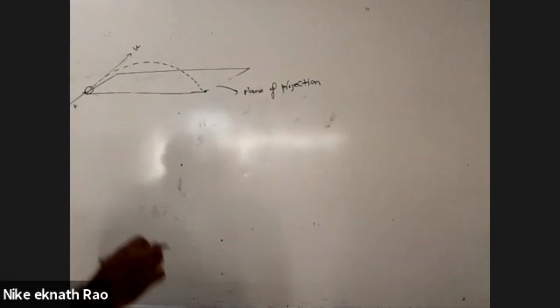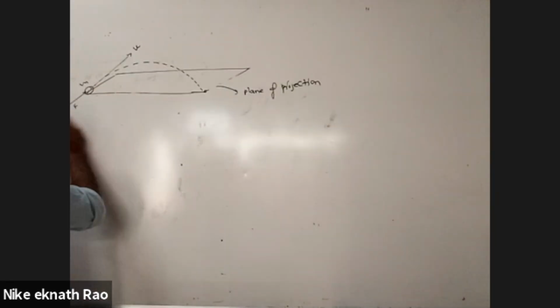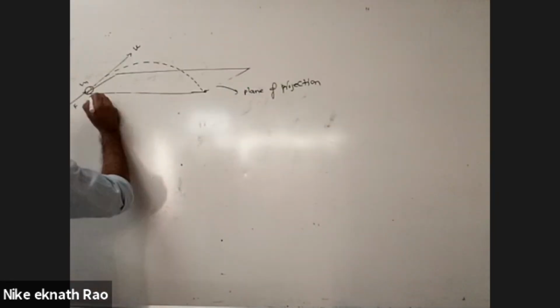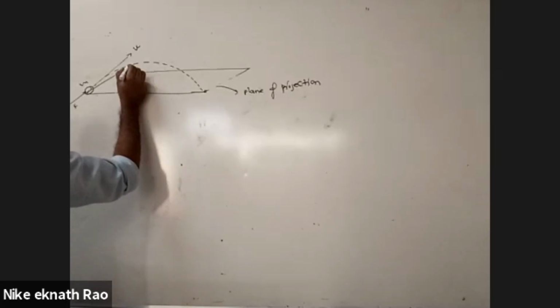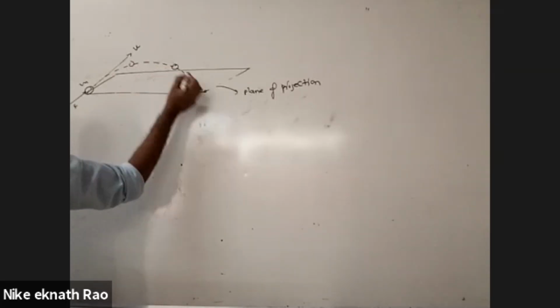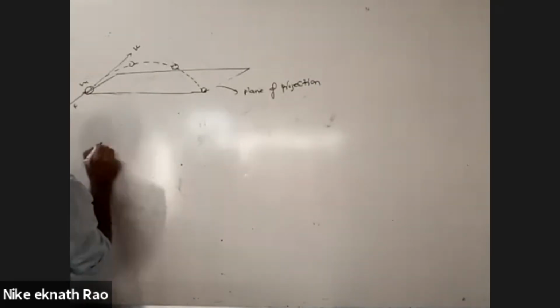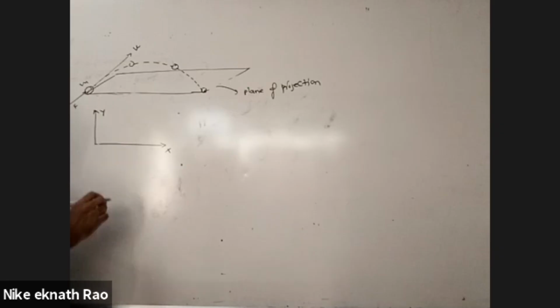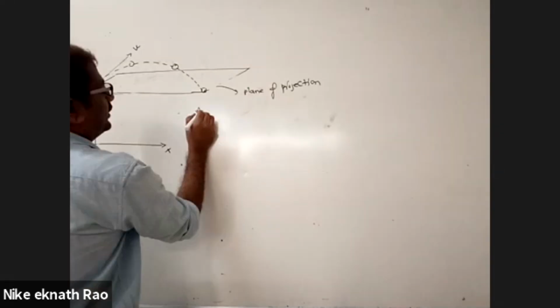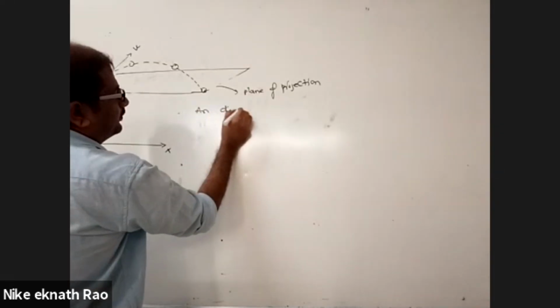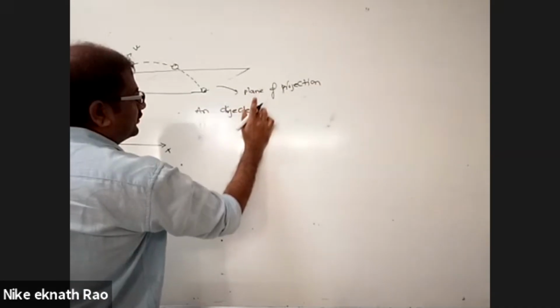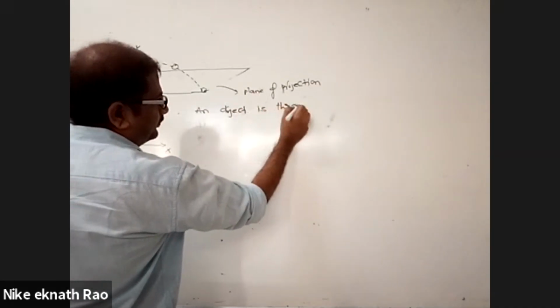Let's see the question first of all. A particle or a ball of mass m is kicked like this, and it travels this kind of path. Considering the x direction as well as the y direction, an object is thrown as shown in the figure.